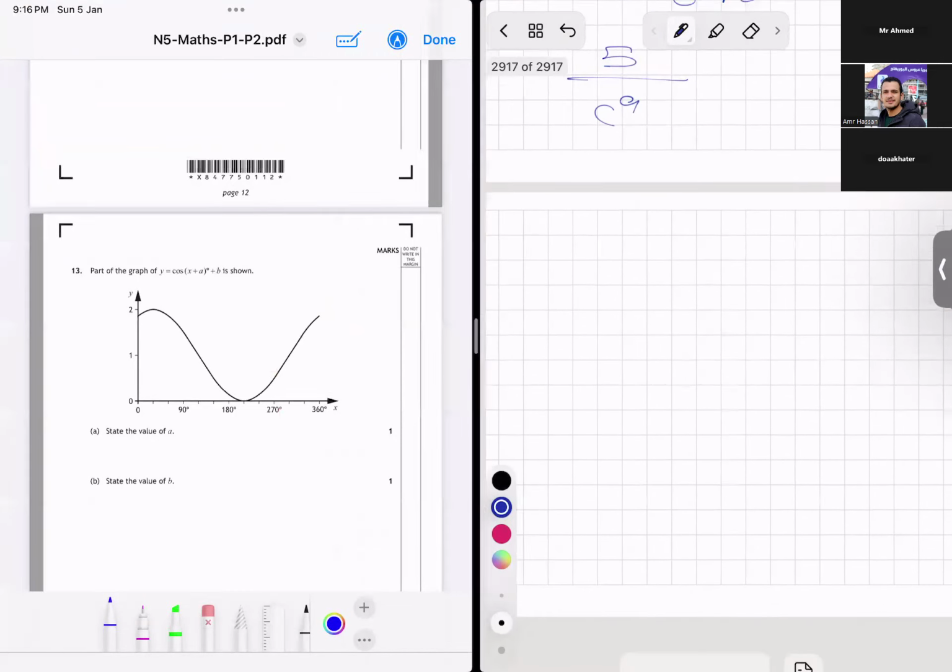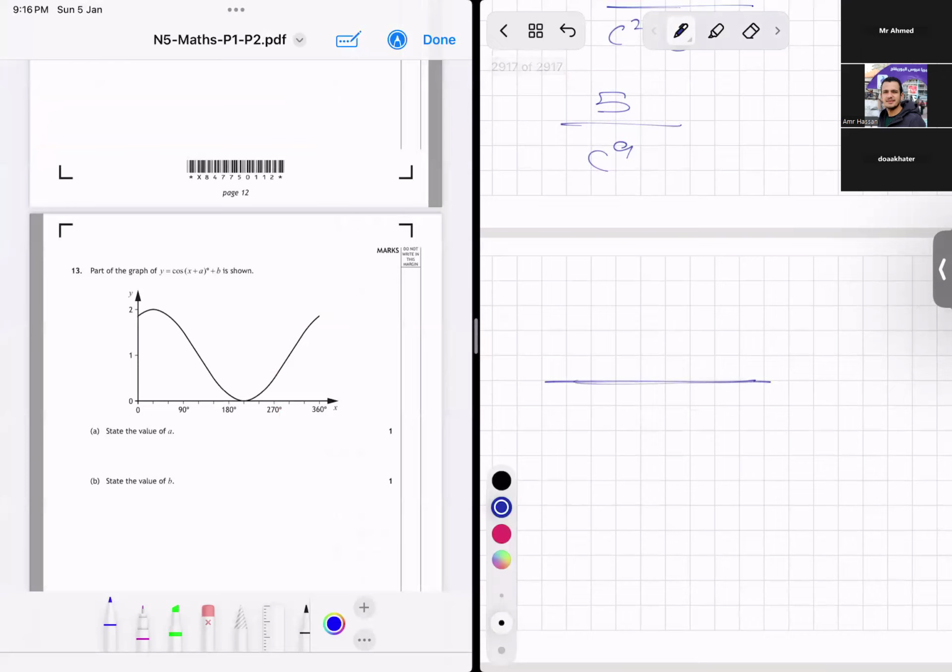But let me try to graph the cosine. Let me do it. I think this one starts from 1, right? And here we have 90, 180, 270, 360, right?